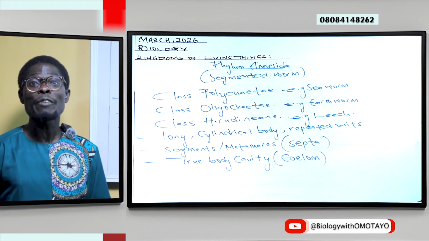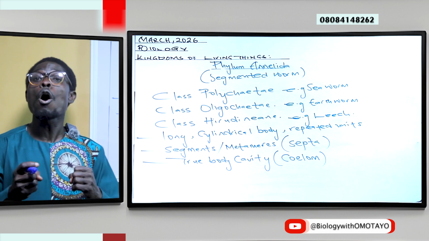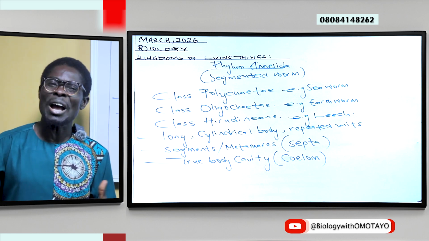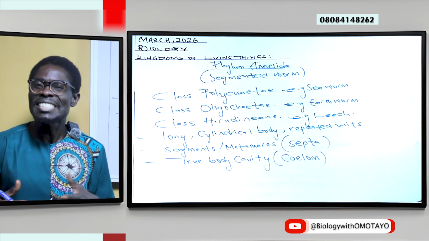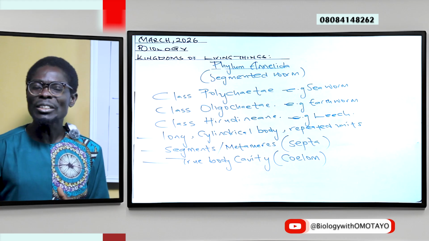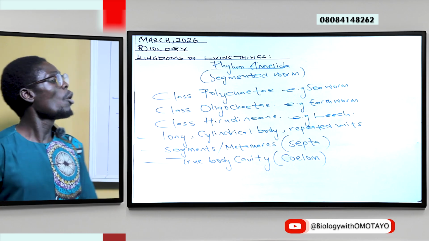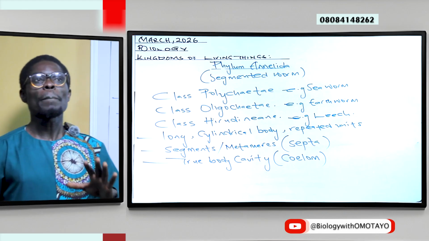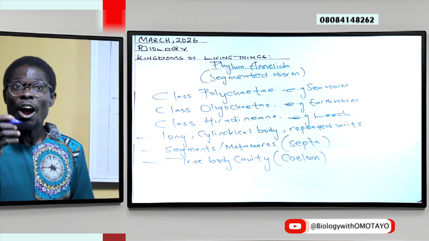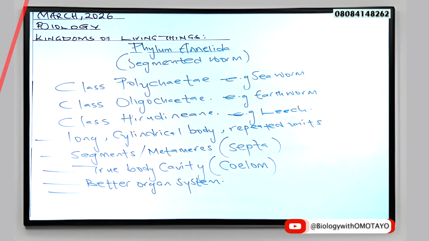The pseudocoel where food is always accumulated to give the worm a form of well-formed shape, which is referred to as a form of hydrostatic skeleton. So then, with regards to Nematoda, we said the body cavity cannot be really regarded to be perfectly true. But here, we have a perfectly true body cavity. And in fact, better organ systems. Yes, better organ system exists here.